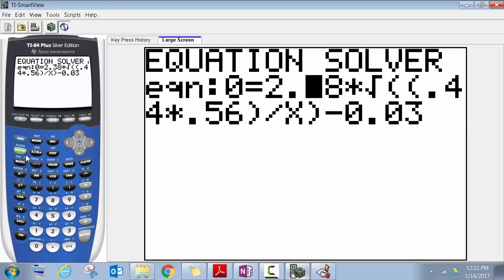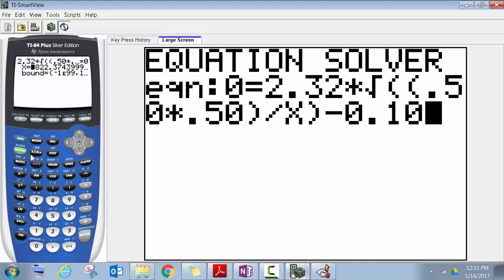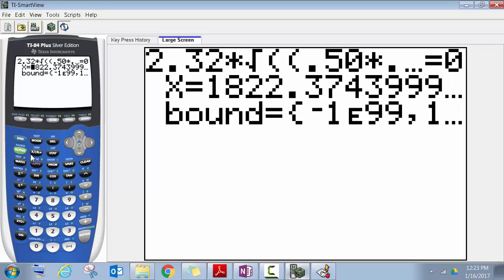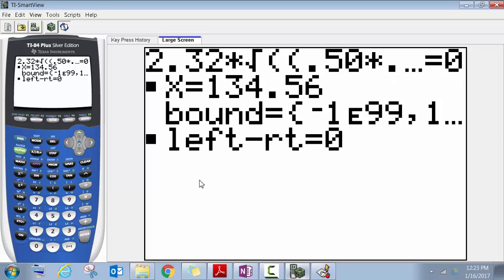So instead of 5.8, it's 2.32, our p hats are 0.5, and 1 minus p hat is 0.5, and our margin of error is 0.1. We hit enter, we hit alpha, enter, and we got a sample size of 134.56 is what we need.